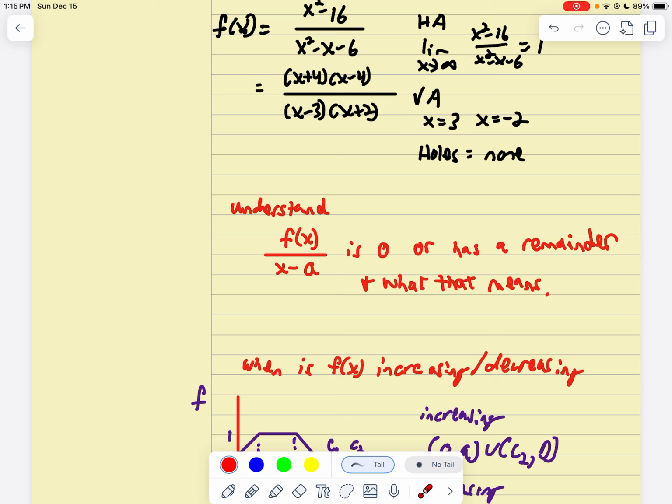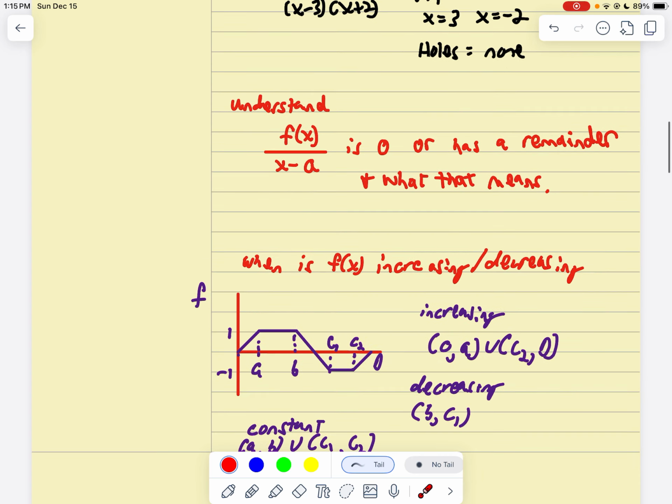Understand what it means to be a polynomial function, f of x divided by x minus a, and understand if the remainder is 0, what that means, it's a factor. Or if the remainder is not 0, what that means. Okay, which means it's the value of the function at x equals a.